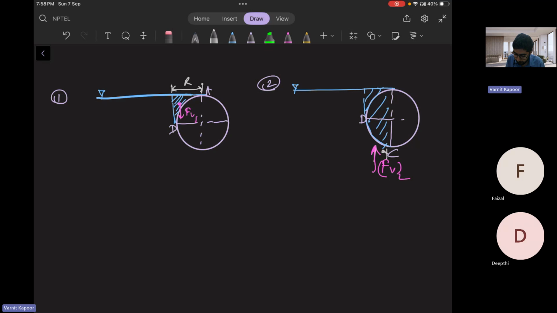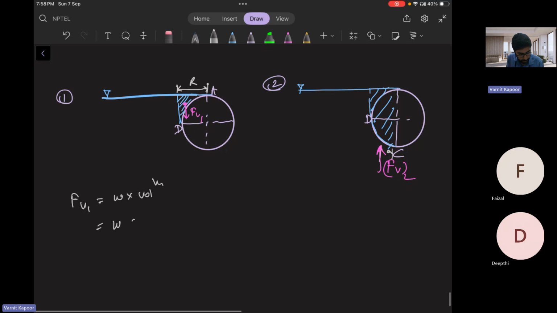Okay, so vertical force 1 from here is W into volume. So W is how much? Rho g into R square. This area minus this area. Okay.